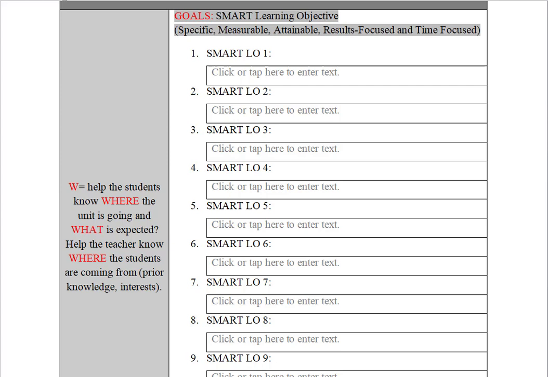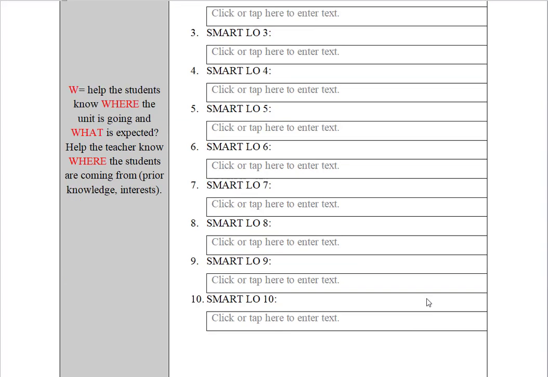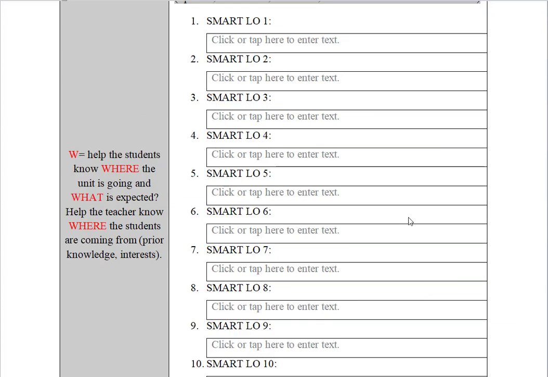So those activities or assignments that you create have to associate with a SMART learning objective. So you complete as many as absolutely necessary to meet your goals. So you may not use all 10, or you might. It's really up to you how many you need. You definitely need more than just a few, though.